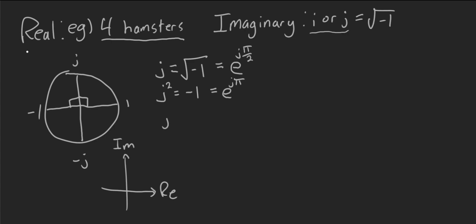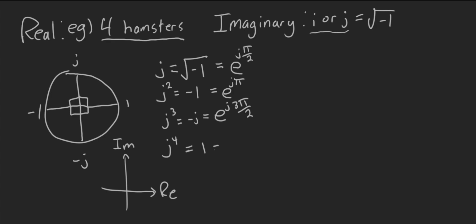And if we were to cube this term, we would get -j from the unit circle, and that, in polar form, would be equal to e^(j3π/2). And to conclude this, if we were to raise j to the 4th power, we would be left with 1.